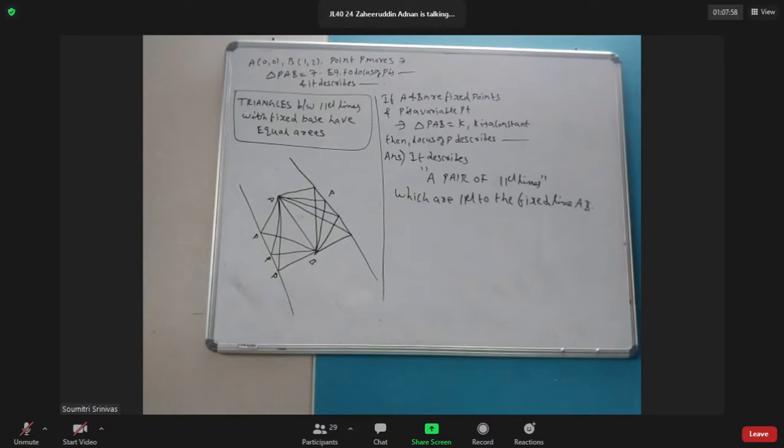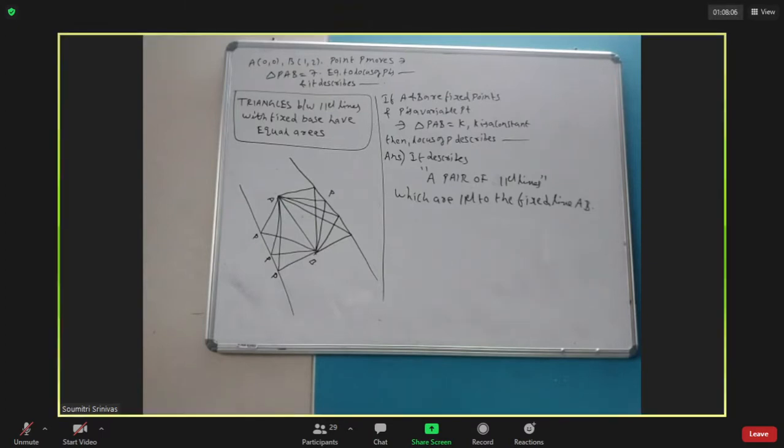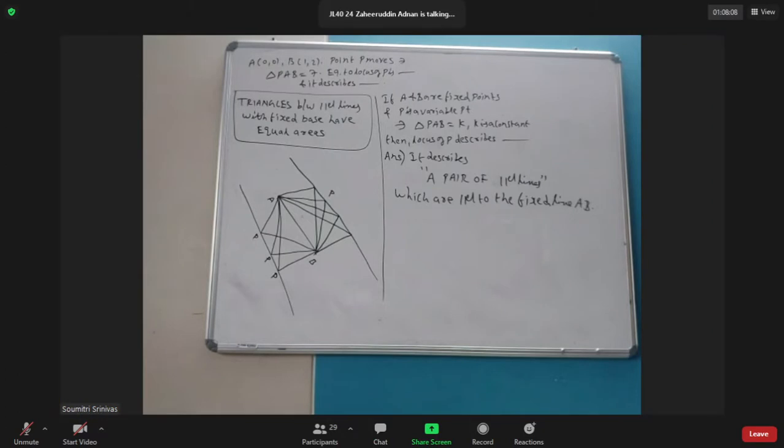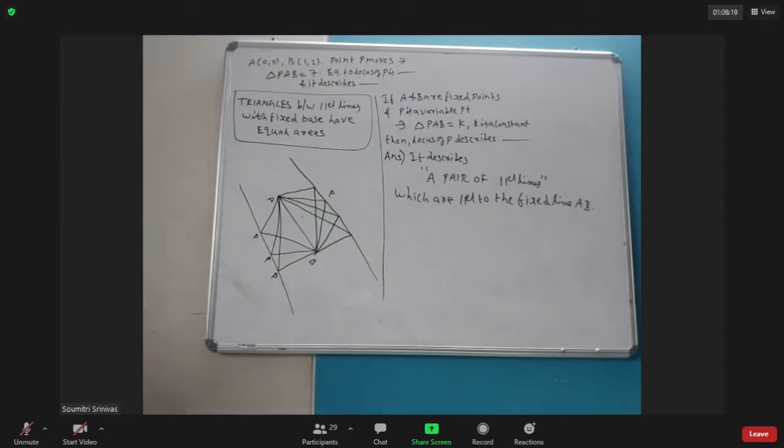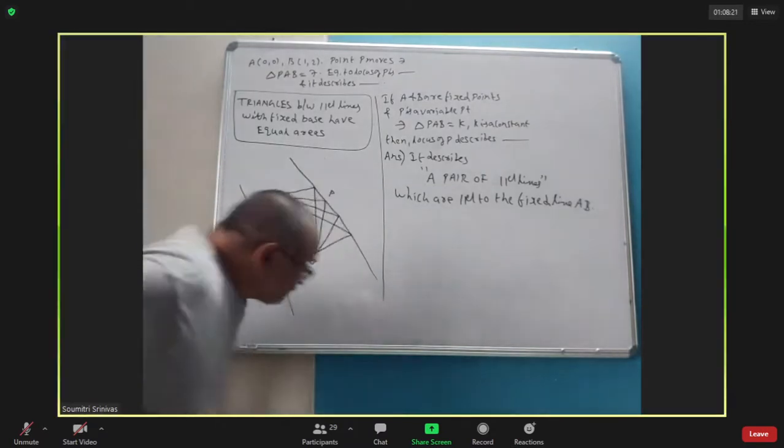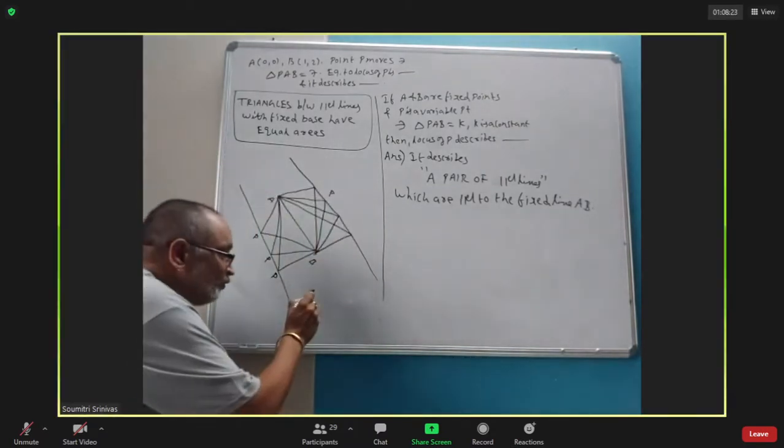Excuse me, sir. What is that written after point P moves in the question? That symbol is such that. Okay, sir. What is this symbol?